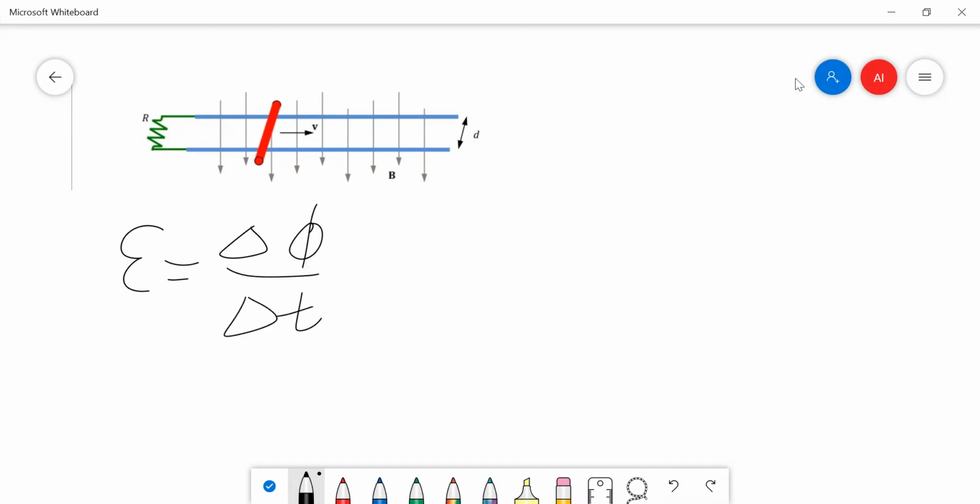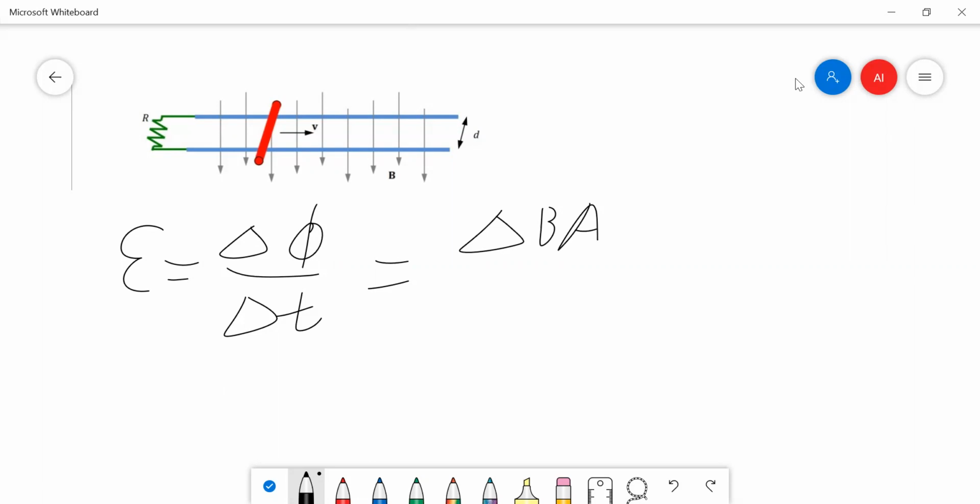And we know magnetic flux is equal to BA, so this is equal to delta BA. And since B, the magnitude of the magnetic field, is constant, it's just going to be the change in area, right?